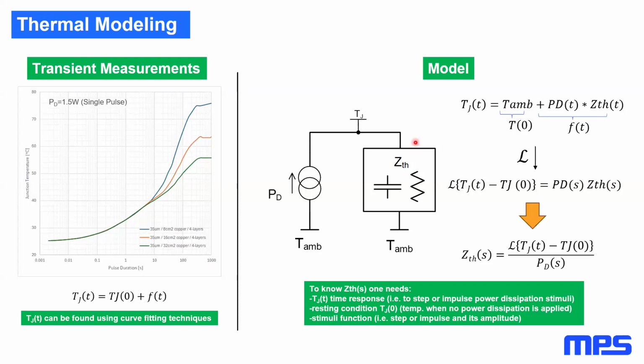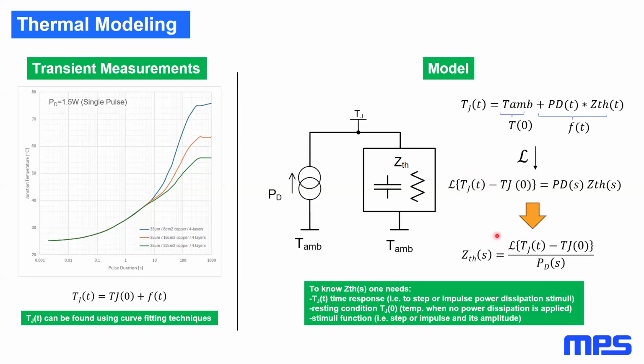This last step can be done with the help of many fitting techniques and tools, under the hypothesis that the thermal system is largely linear. This expression should be a sum of exponentials. Under the same hypothesis, the junction temperature will be the output of a linear thermal system, while the power dissipation will be the input.